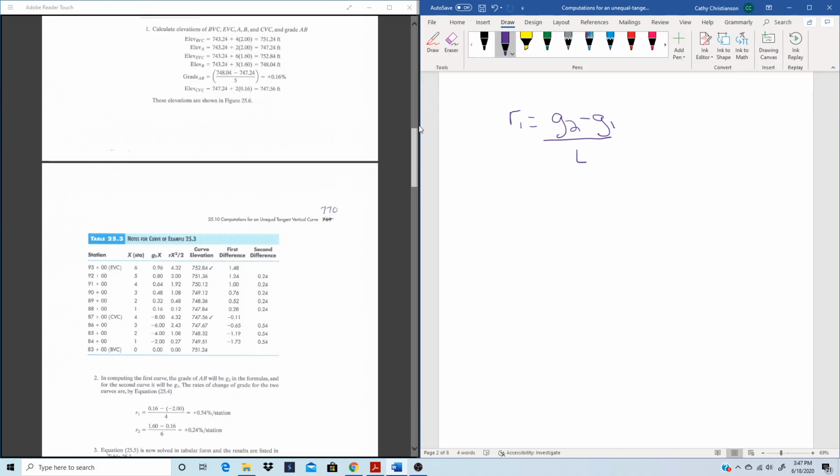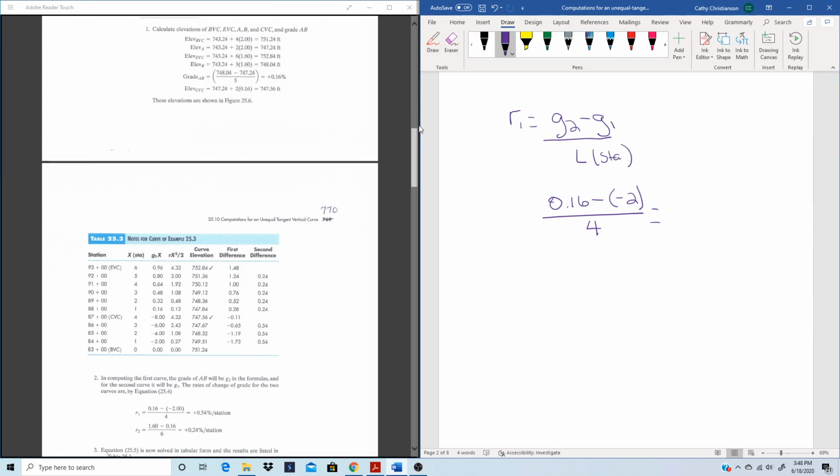So the G2 for the first one is 0.16 minus our G1, which is a -2, all over L in stations. So remember, this is stations.